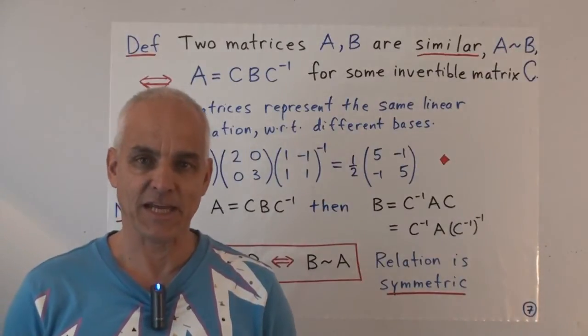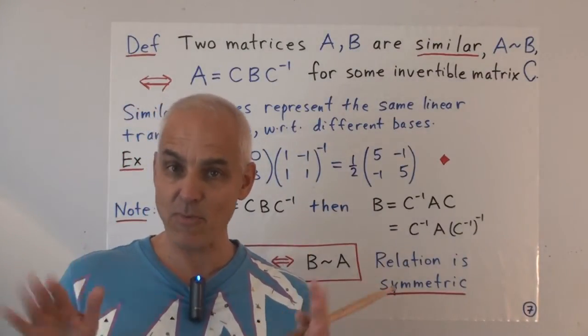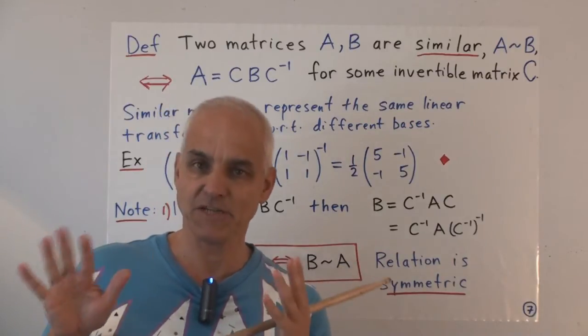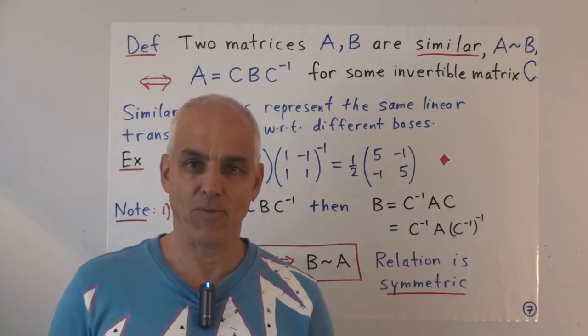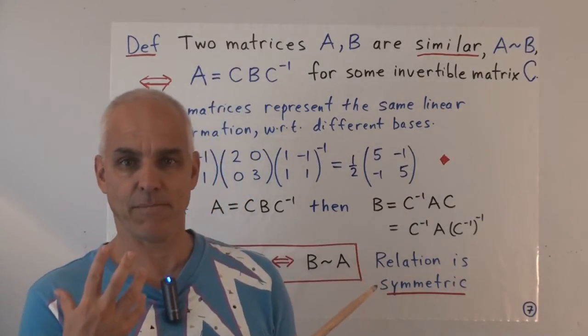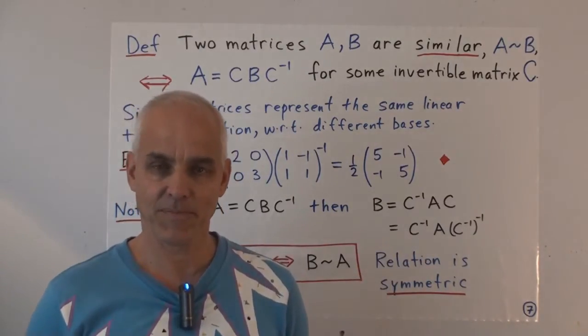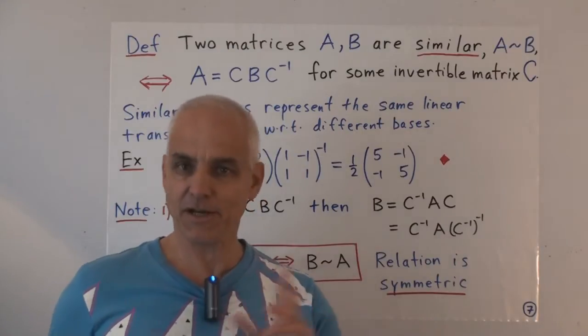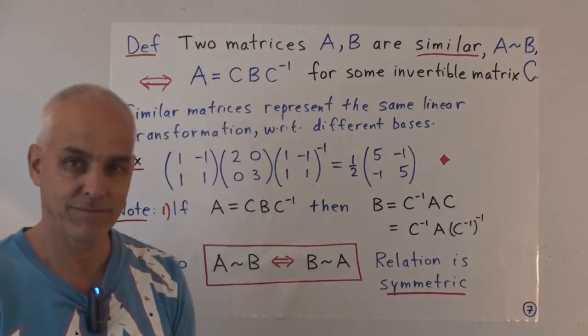So what we've seen is that if a linear transformation is represented in two different frameworks, then the matrices for them are related in a relatively simple way: you get one by taking the other and multiplying it on one side by some matrix C and on the other side by the inverse of C. That turns out to be a particularly pleasant relation, and it's worth a separate definition.